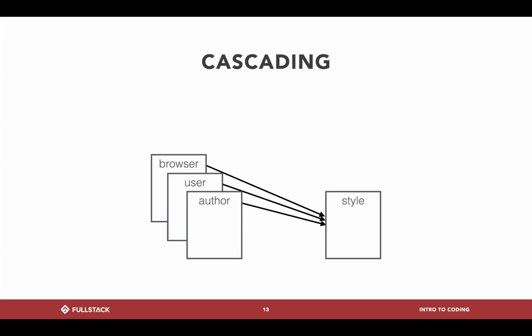If I come back in style file number 3, which I've loaded later on, and I say, okay, I actually want to make it red, cascading just means that it's going to overwrite stuff. Whatever's loaded last is going to be the rule.